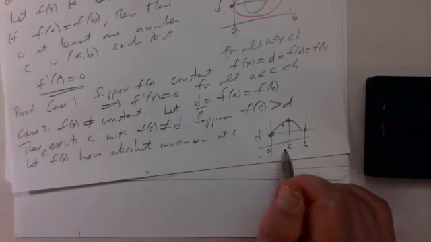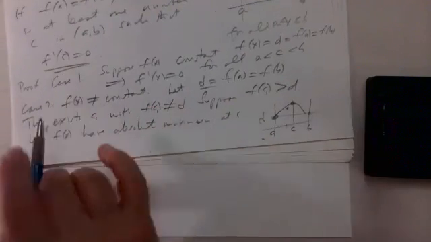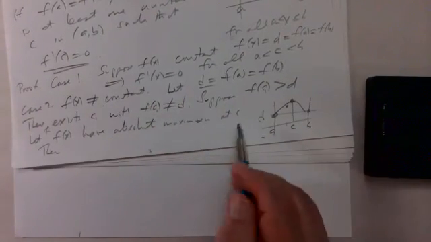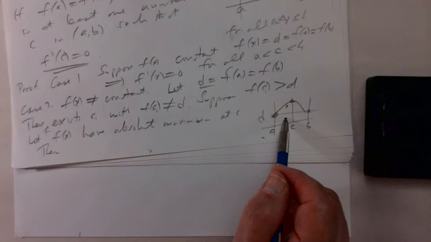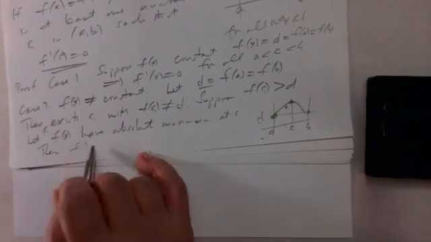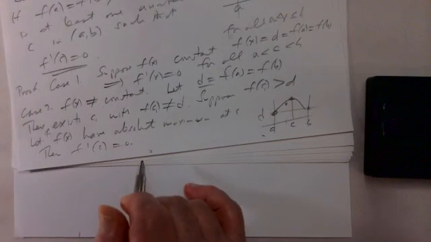Let's say the absolute maximum occurs at C. Well, C is not an endpoint, so it has to be a critical number. So f prime of C is 0.